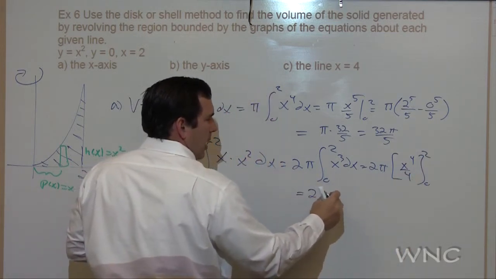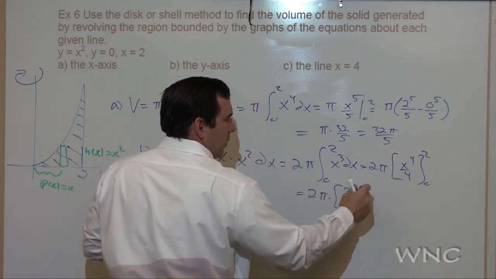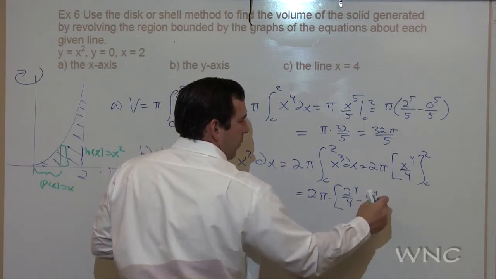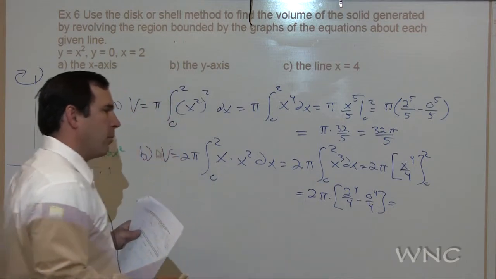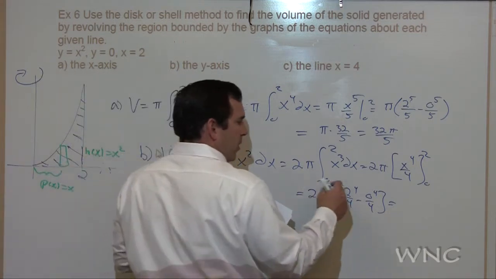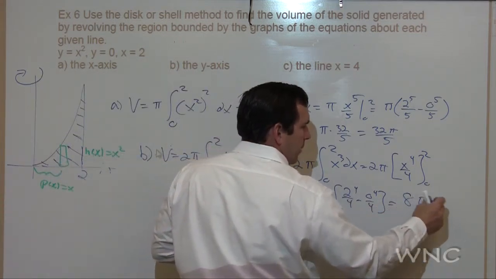That's going to be 2 pi times 2 to the 4th over 4 minus 0 to the 4th over 4. 2 to the 4th is 16 over 4 is 4. 4 times 2 pi is 8 pi.